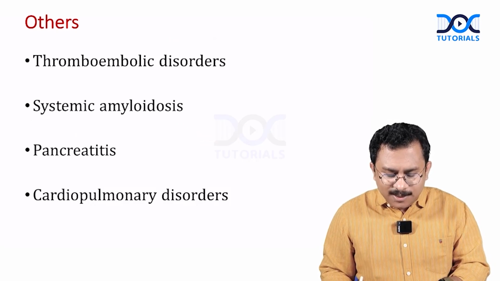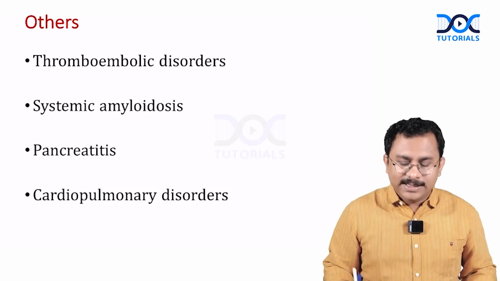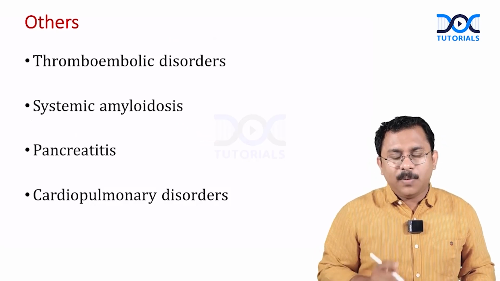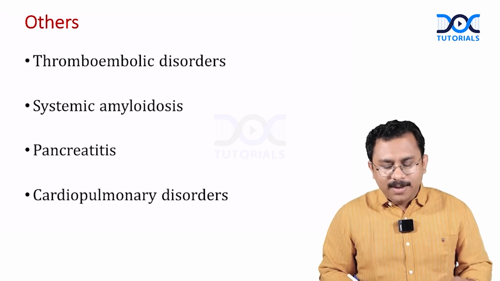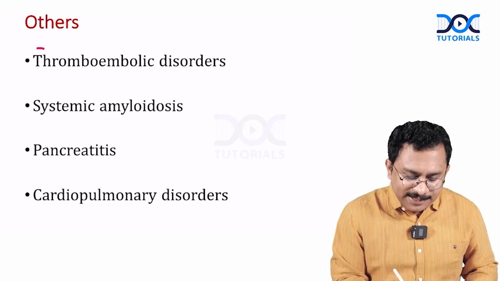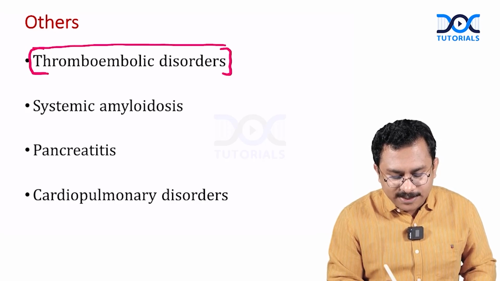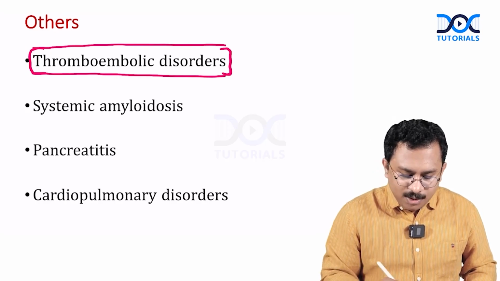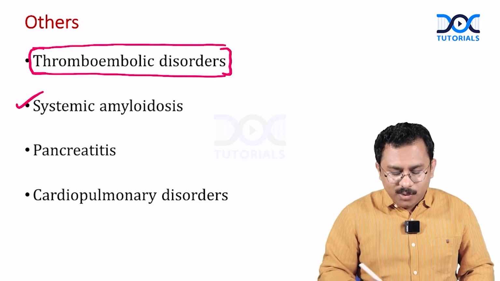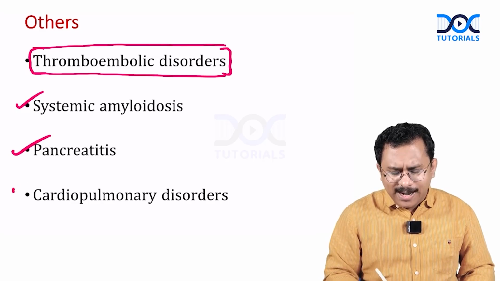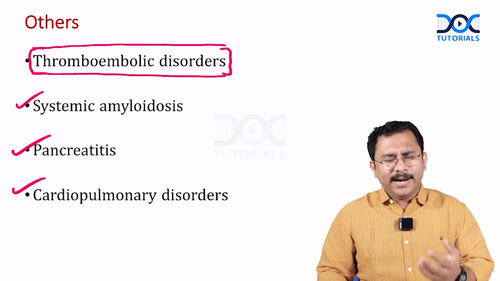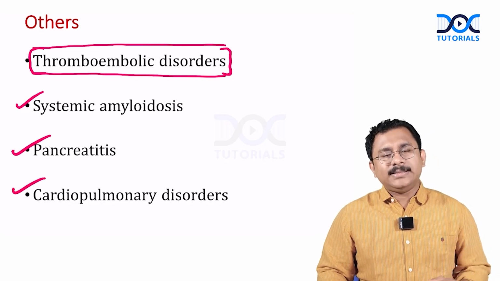What are the other extraintestinal manifestations? Remember, very important, patients with inflammatory bowel disease are at a high risk of developing thromboembolic disorders. This is an important previous year question.